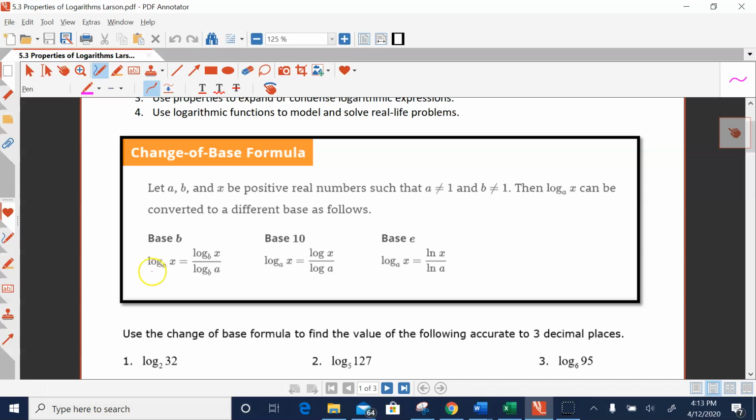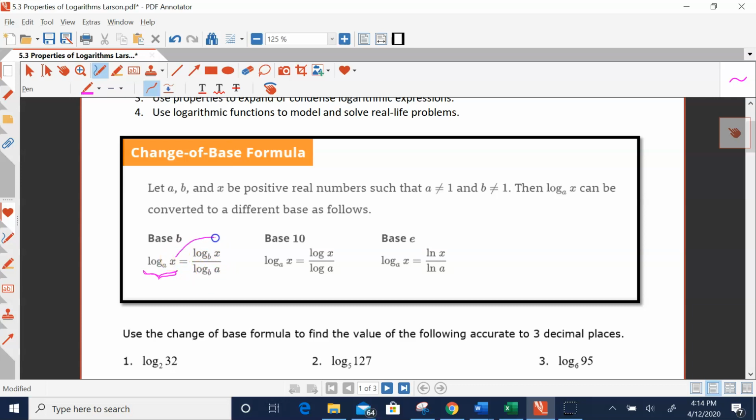So if I have log base a of x, and that a is a base that my calculator won't do, log base 7, log base 2, log base 100, whatever, I can take that logarithm and rewrite it as log base b of x over log base b of a.